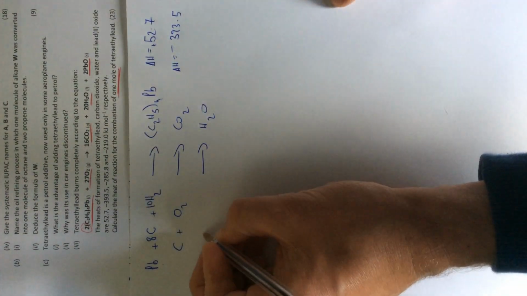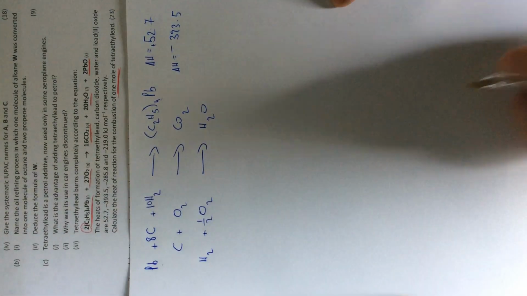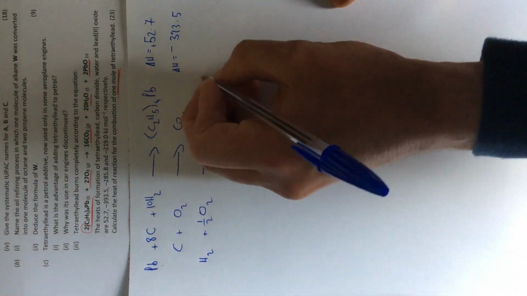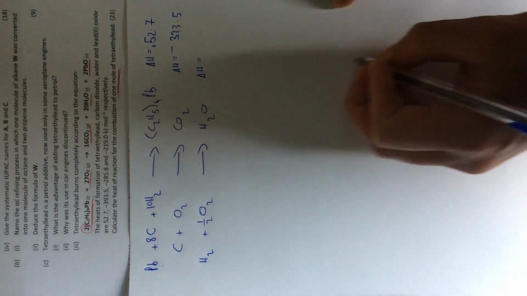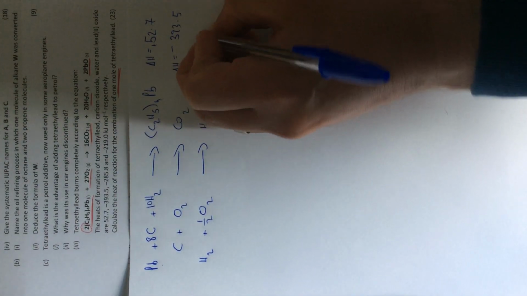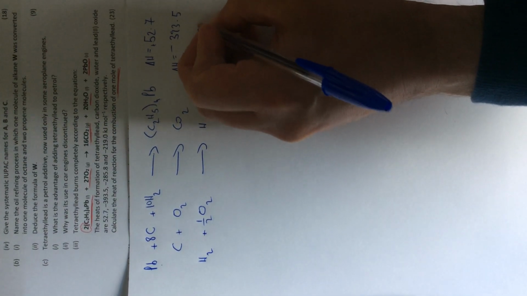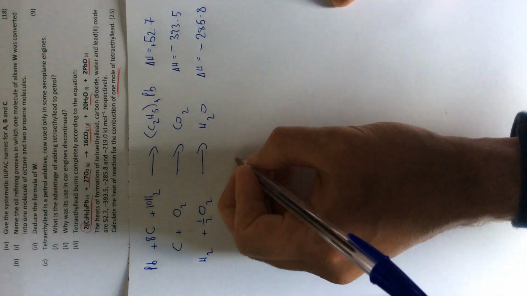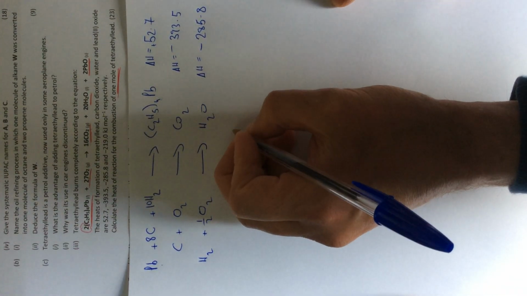That's formed from hydrogen, which is H2, and it's also formed from oxygen, which is O2, but you must put in a half there, yeah? So the delta H is going to be minus 285.8.